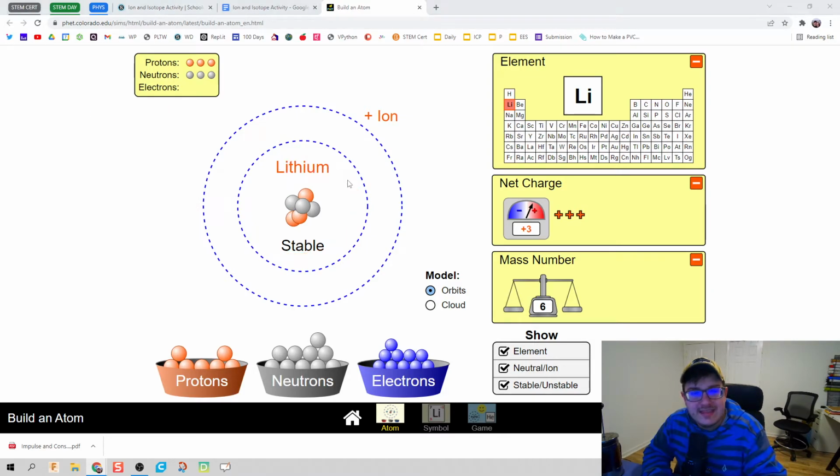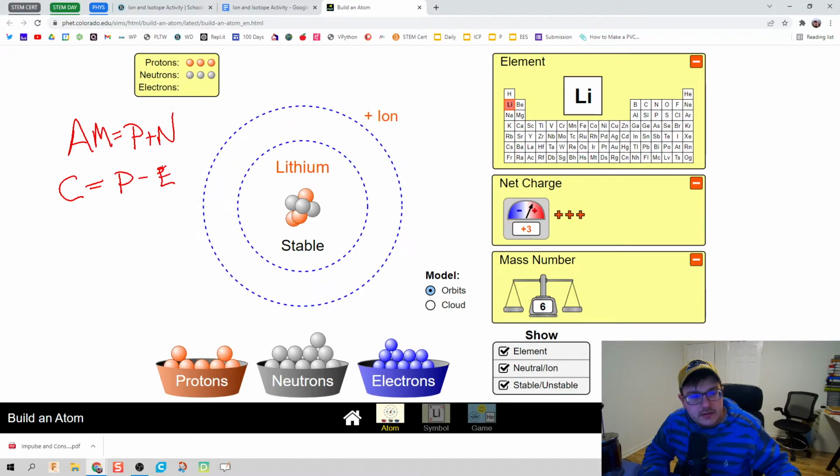And then charge equals protons minus electrons. This is really going to help us when we determine what we need to figure out as far as playing the simulation portions of building an atom.